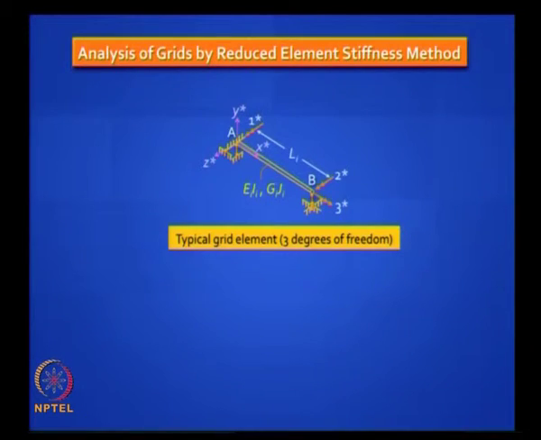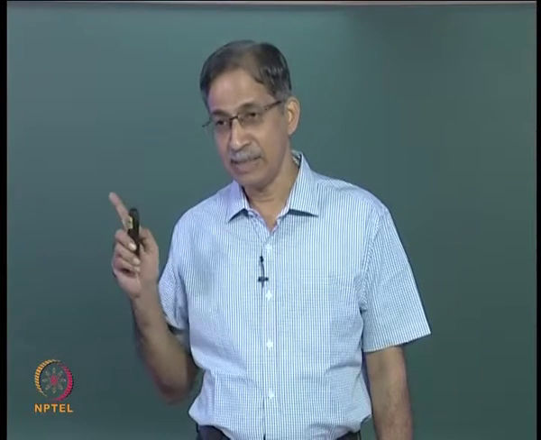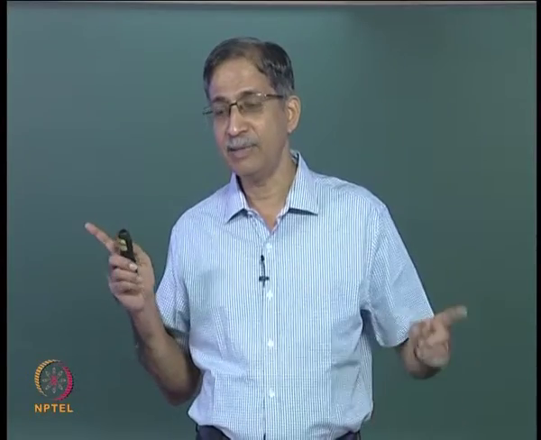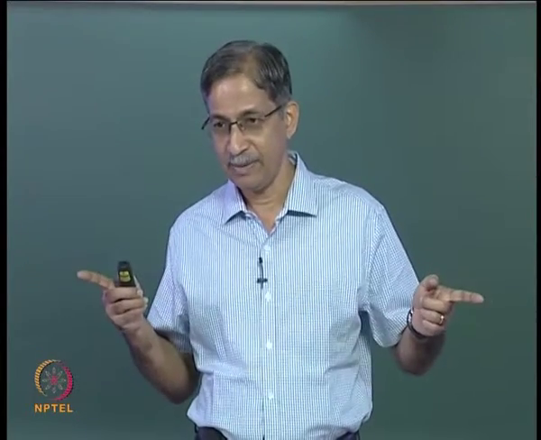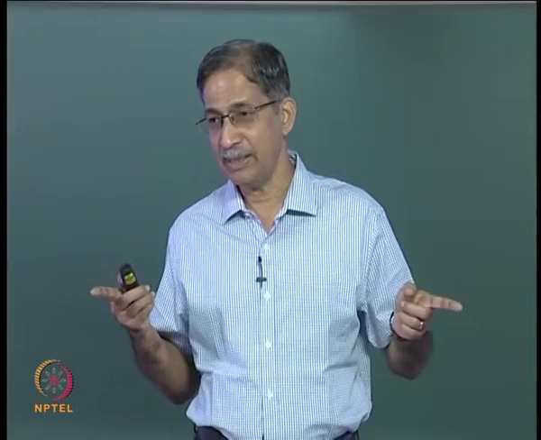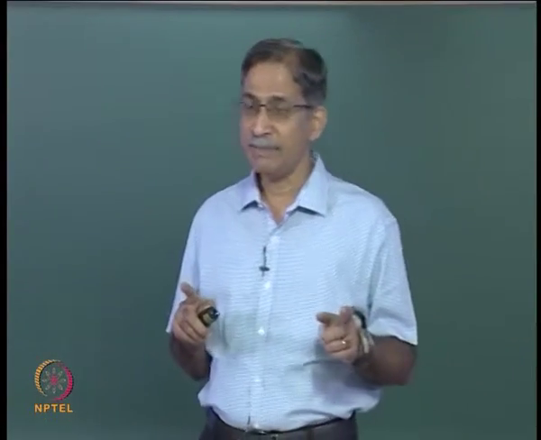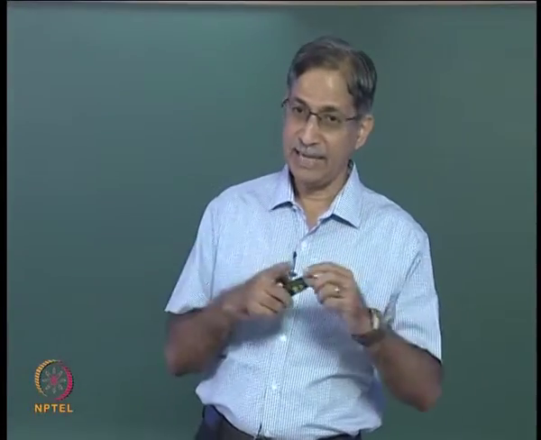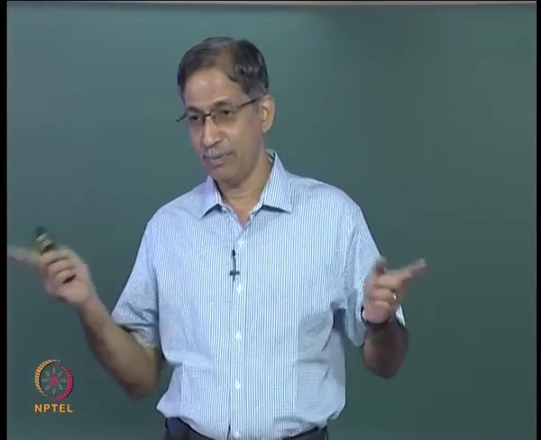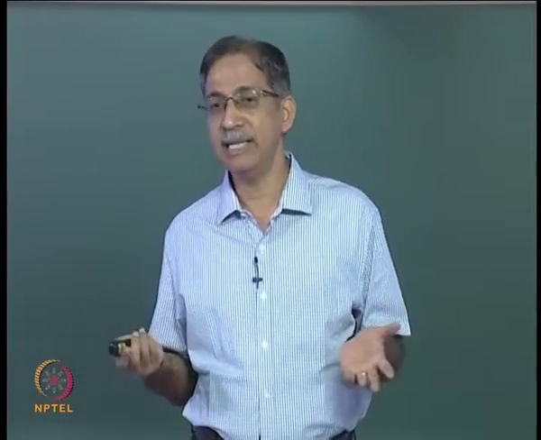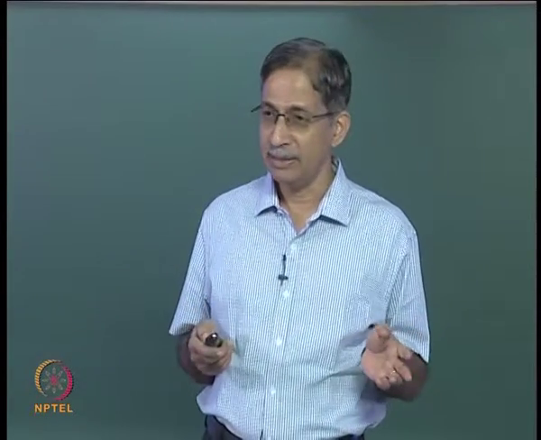The understanding was if it is D1 star it refers to an elongation in the element. So if there is an elongation it is positive, if there is a contraction it is negative, and we also had F1 star for the axial element. If it is positive it means there is axial tension, if it is negative it means axial compression.